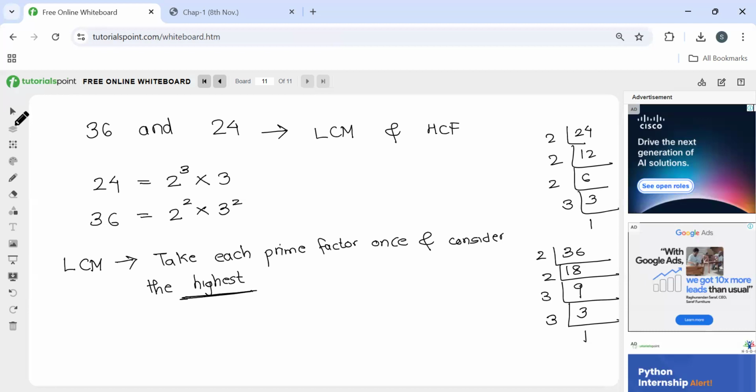Underline the words highest power of each prime factor.